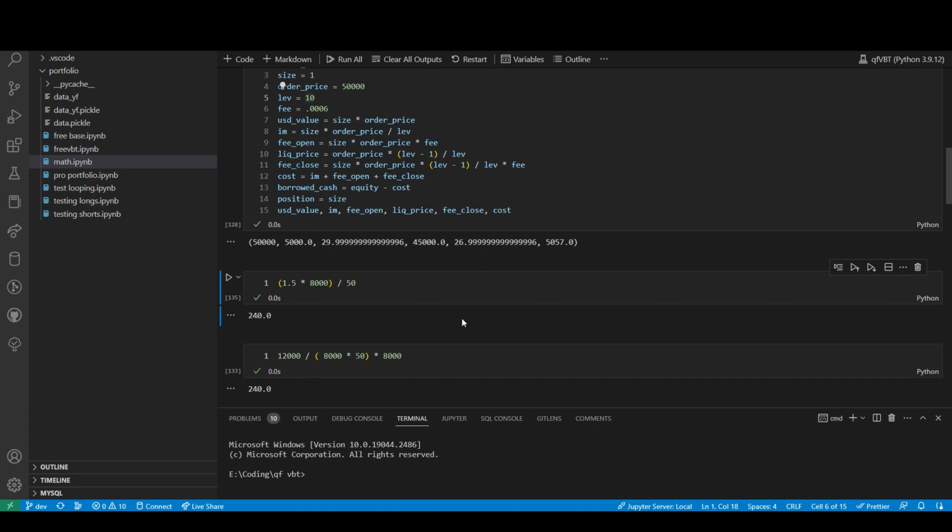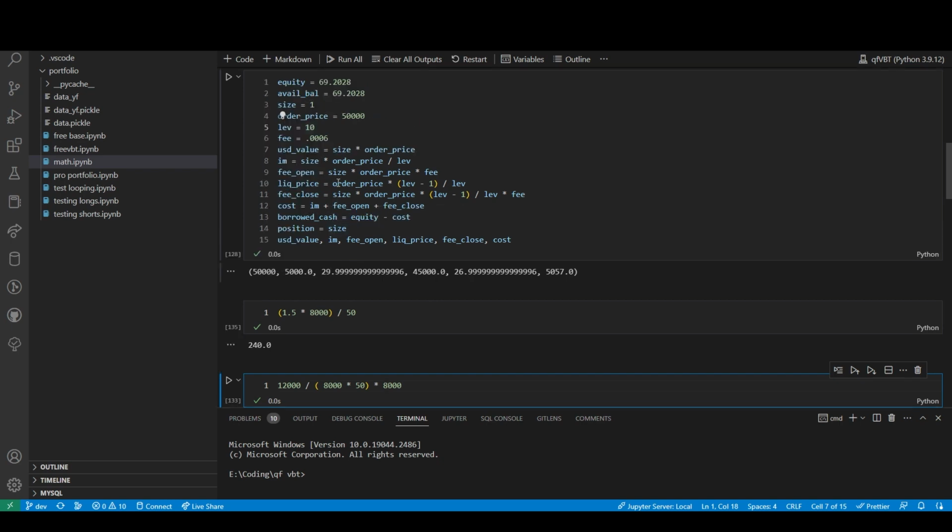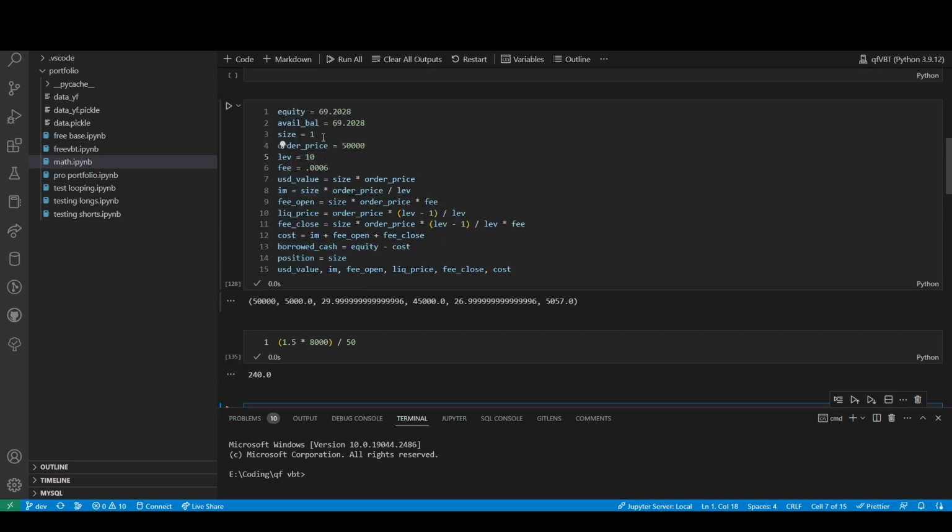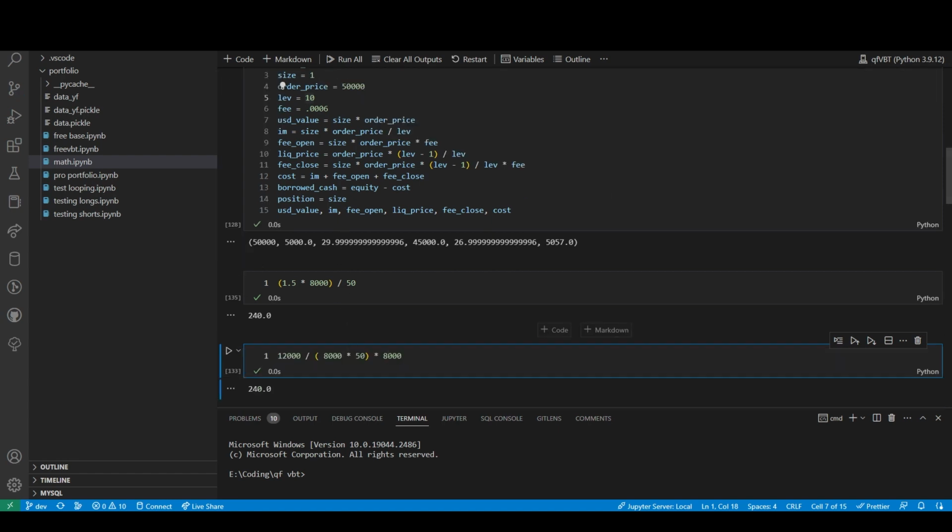So initial margin works. It just depends on... if I'm doing USDT value only, then I put in a position size of 12,000 at 8,000 with a leverage of 50. That's how I get this. I think what's making this so confusing is that I'm trying to do USDT all the way through.